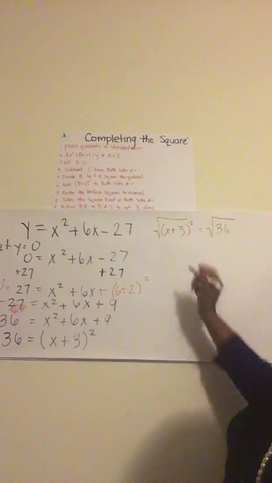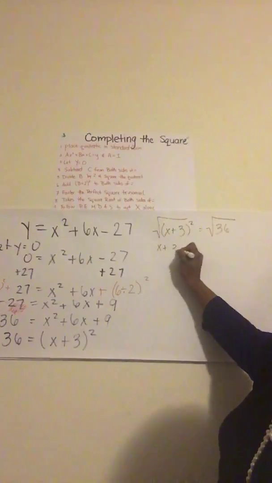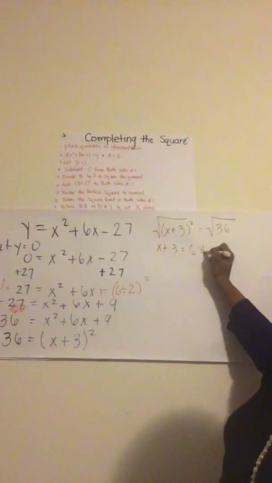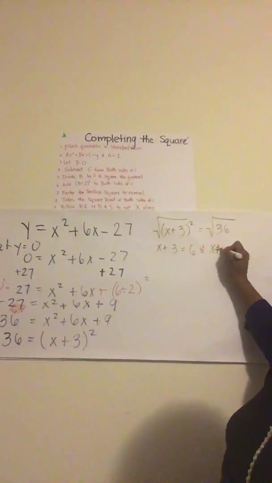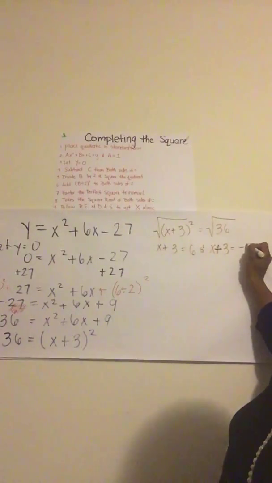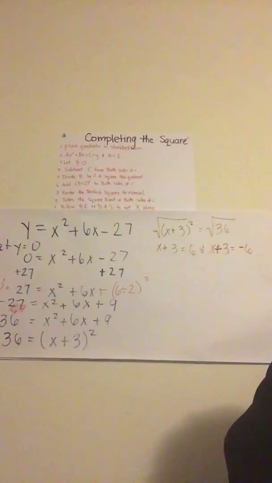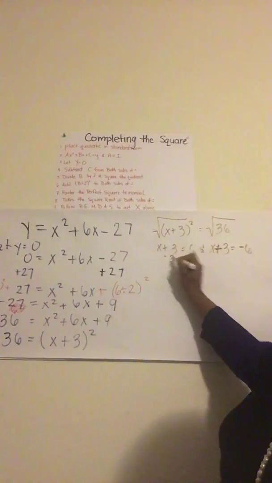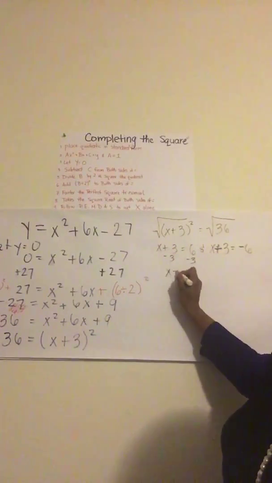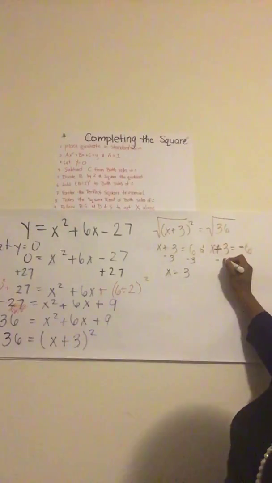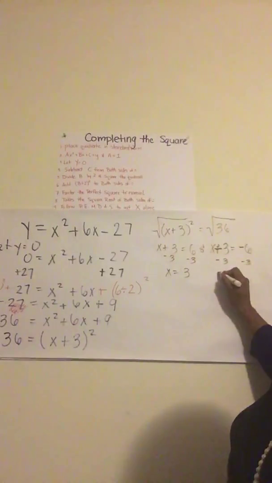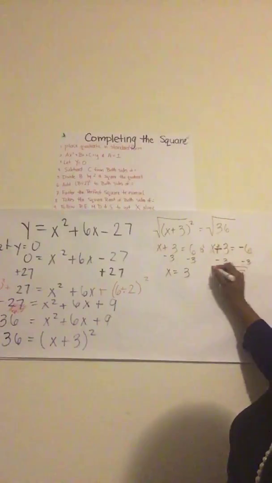Now I get x plus 3 equals 6 and x plus 3 equals negative 6, because the square root of 36 is 6 and it can be negative 6. Now we subtract 3, and we have x equals 3 and x equals negative 9.